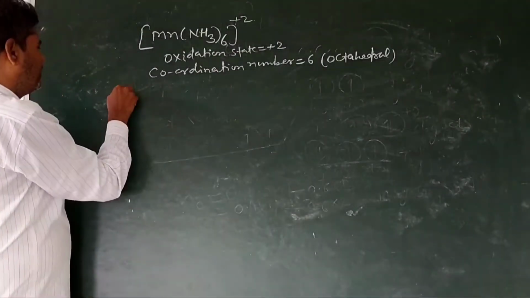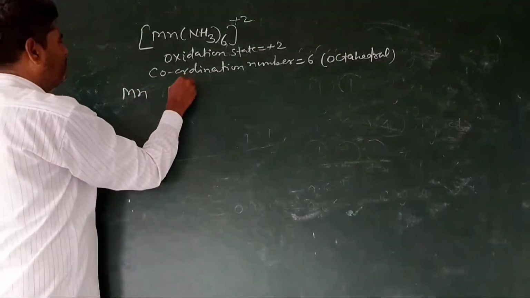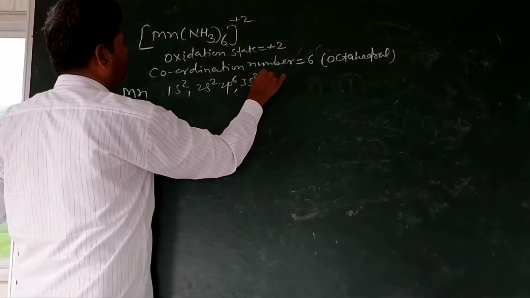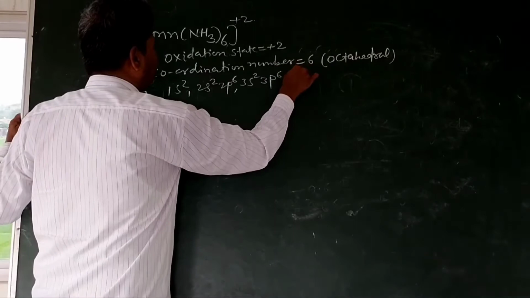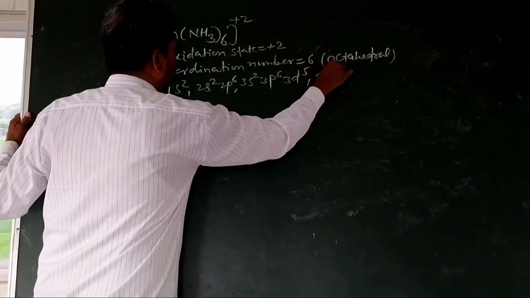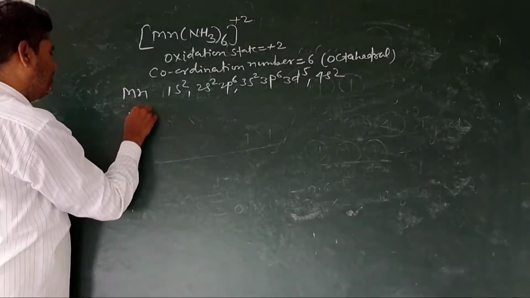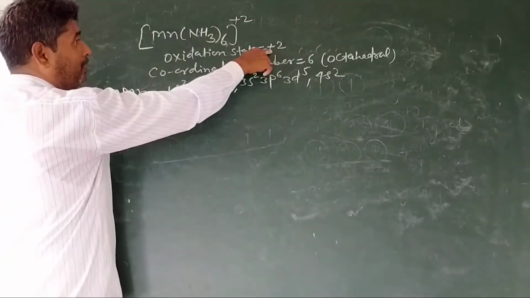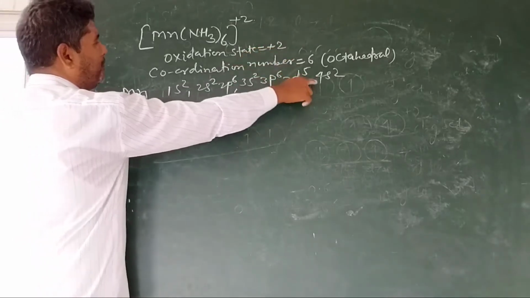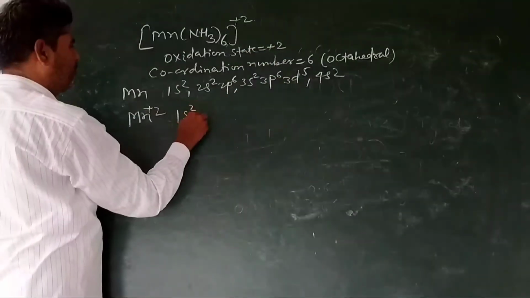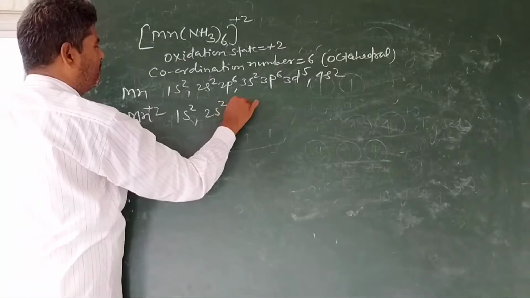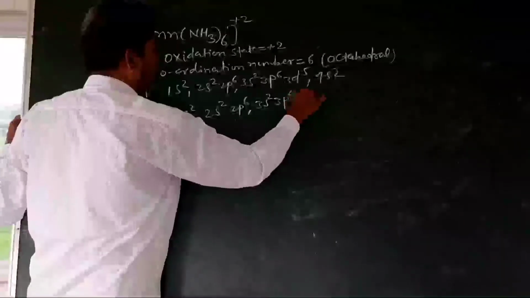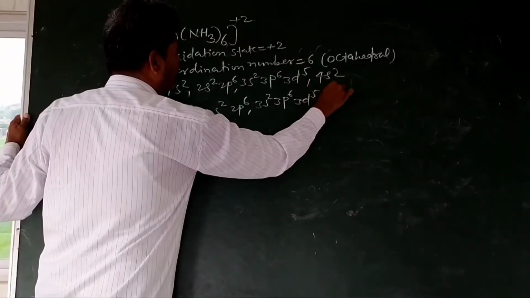Now the configuration for the element: 1s2, 2s2, 2p6, 3s2, 3p6, 3d5, 4s2. Now the configuration for the element in the plus 2 state. The oxidation state is plus 2, so we will remove 2 electrons from 4s: 1s2, 2s2, 2p6, 3s2, 3p6, 3d5, 4s0.